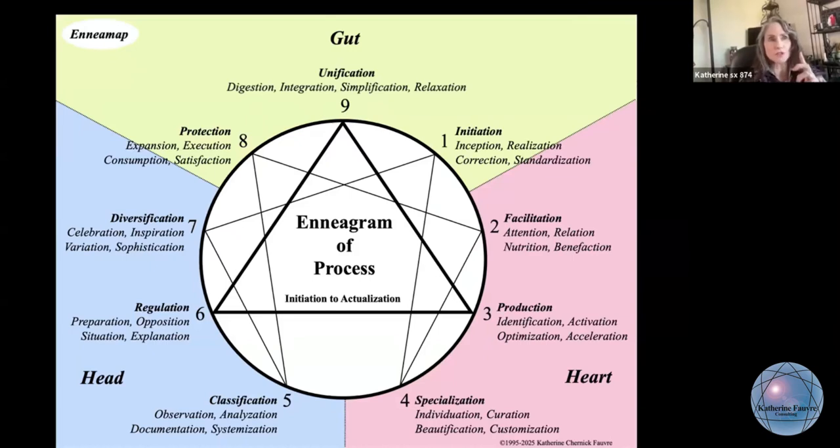But the 5 is doing it by first observing, then analyzing what they observe, documenting all these variables, and then coming up with a system to not only continue documenting, but to then notice any future endeavors of the same type will benefit from knowing these downfalls, really.